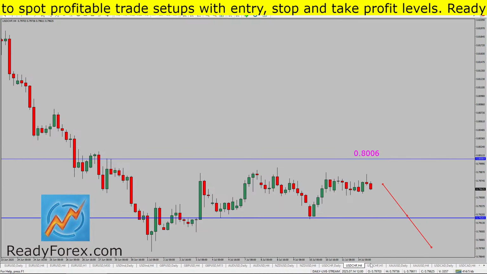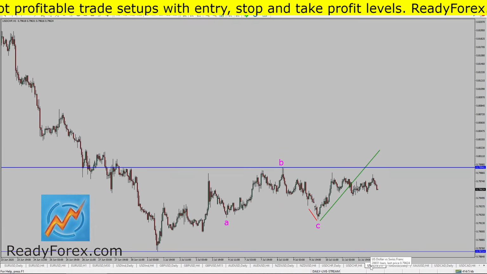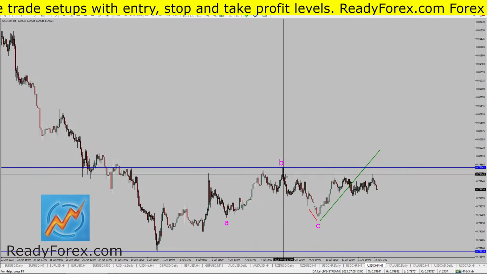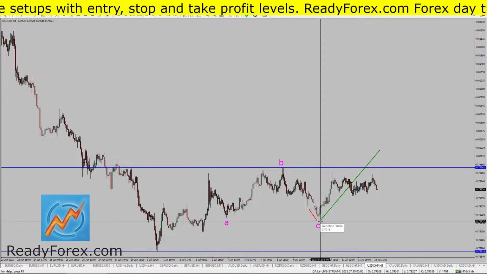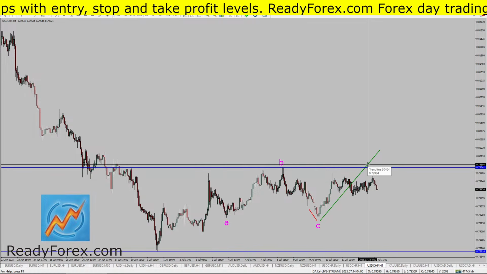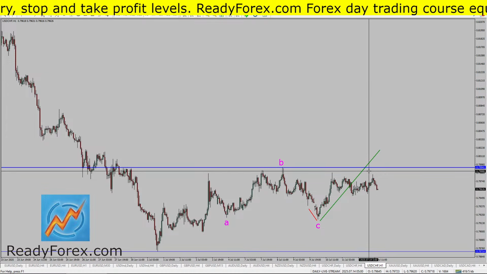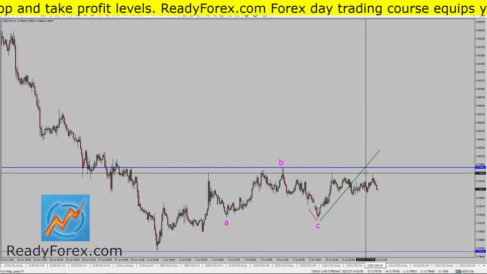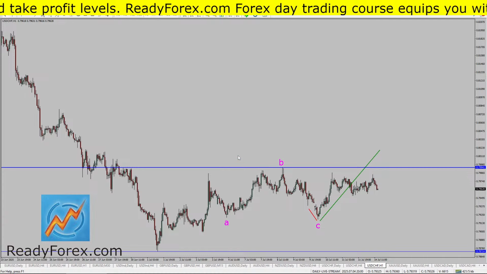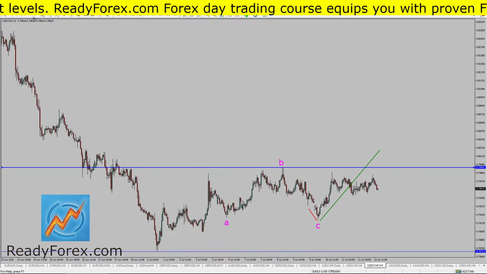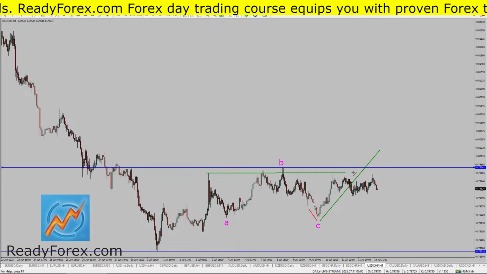Okay, next one is the 1-hour time frame of US dollar Swiss franc. So we got this A, B, and C leg, but then we should get a new high, but we haven't got the new high. So in case of no new high, this is telling me the market is finding resistance over here. What kind of resistance? Let me show you what I mean by that.